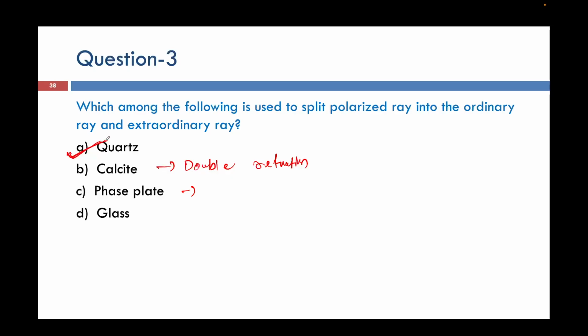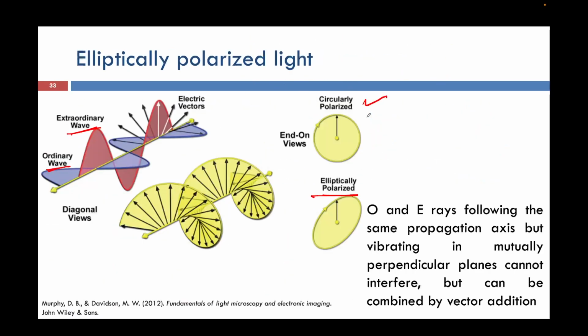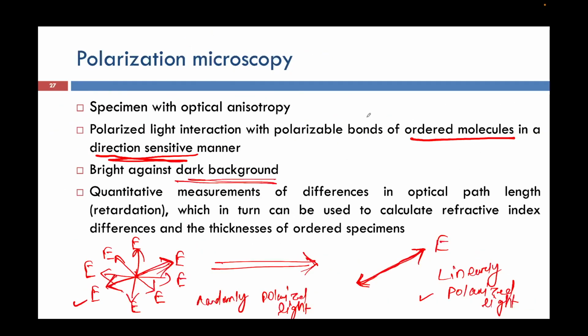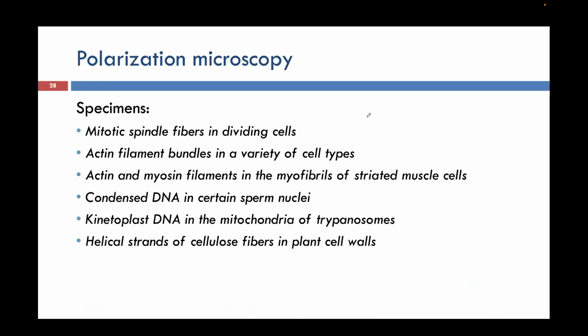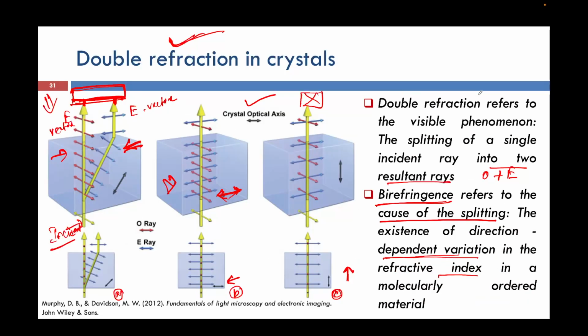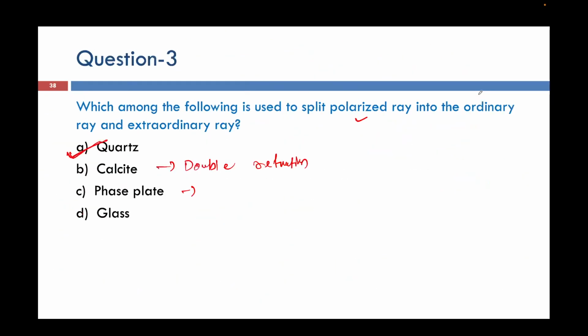and extraordinary. Calcite means there is a difference between polarized rays. Here, quartz, calcite and rutile are all optically anisotropic, right? But out of those, only quartz allows the ordinary and extraordinary; it has the ability to split it.